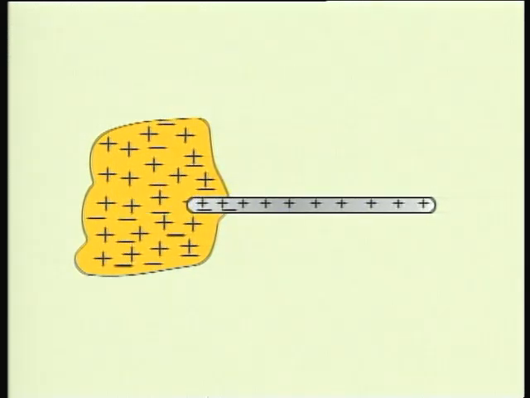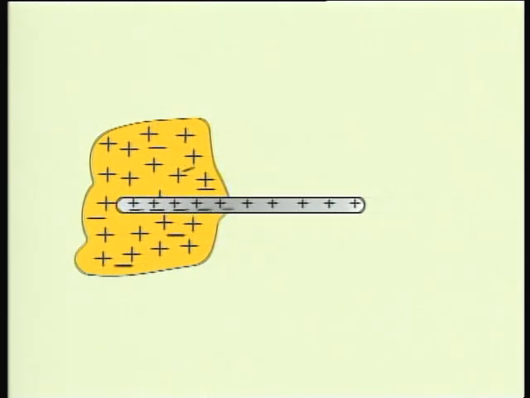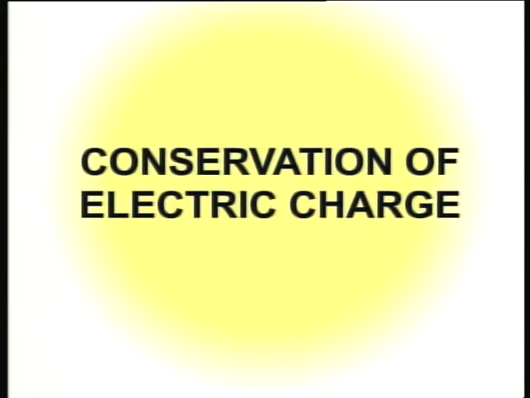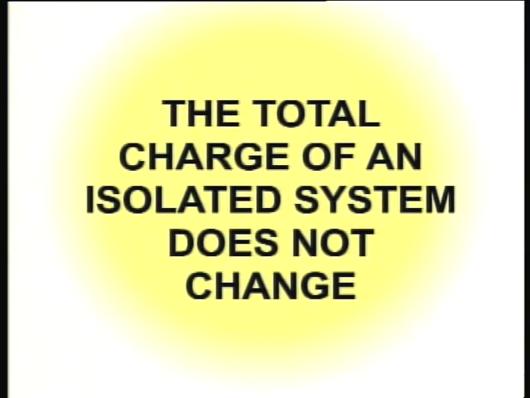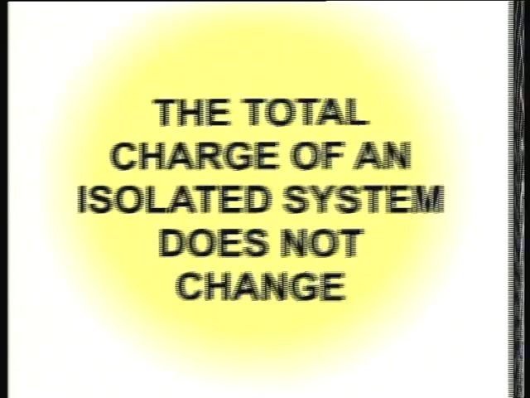Another important property of electric charge is that it is conserved. Now, what is conservation? Conservation of electric charge means the total charge of an isolated system does not change. To understand this property, let us again consider the example of charging a glass rod.